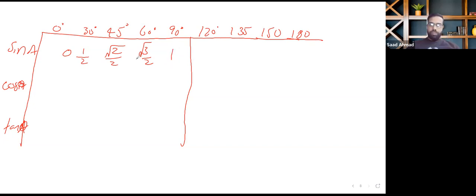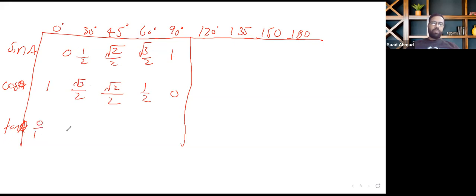Then what you do, you just write them in the opposite order here. And then for the tan, just divide the above one by the below one.